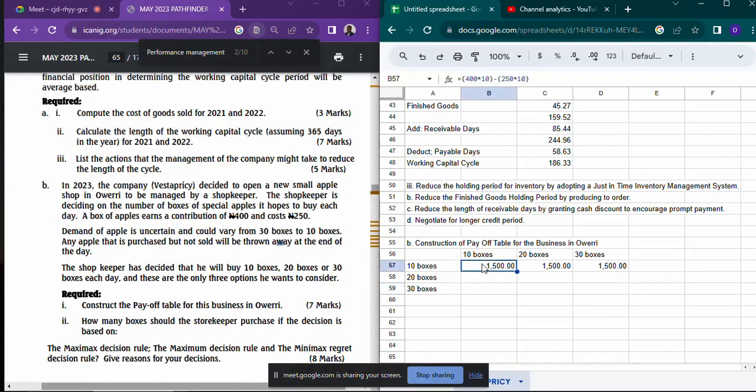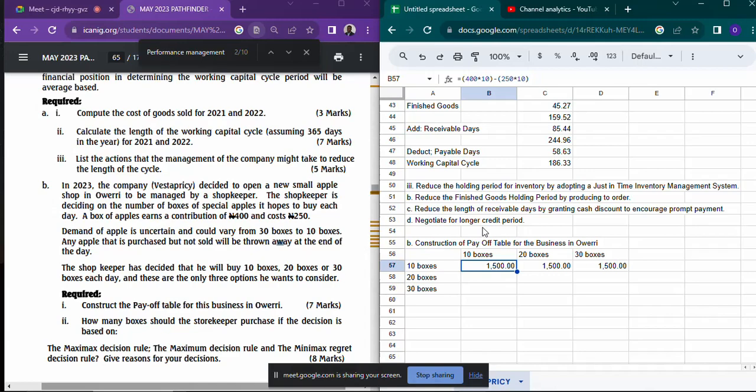It says here the shopkeeper is deciding on the number of boxes of special apples he hopes to buy each day. A box of apple earns a contribution of 400 and costs 250 naira respectively. Yes. So why did they say this one is for 10 boxes, this one is for 20 boxes? The amount for a box of apple is 400.